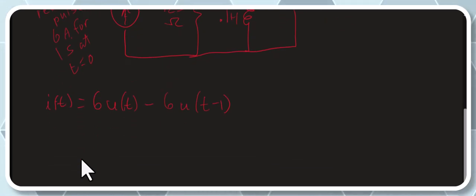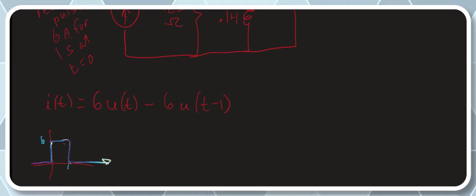So that is the function that looks like this. It is 0 until it gets to 0, and then at 0 it goes up to 6, and then it's at 6 until it gets to 1, and then it loses 6 and it's back at 0.